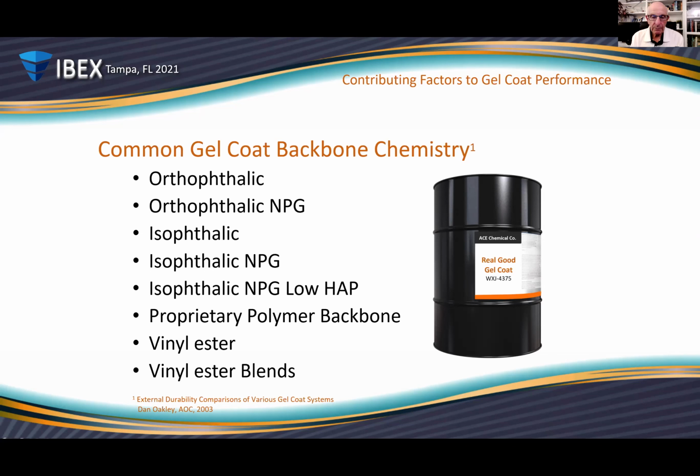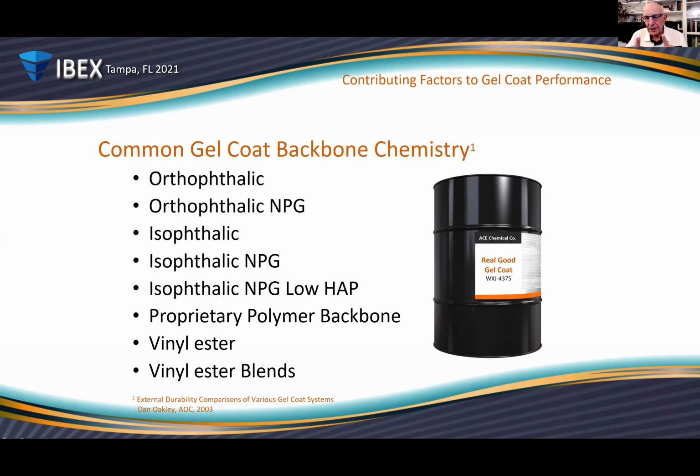A number of the gel coat companies have proprietary polymers that have been formulated specifically for gel coat. And then we have vinyl esters and some vinyl ester blends, vinyl ester resins that are blended with, say, isophthalic resin to make some gel coats. So there's all of these gel coat chemistries out there that are available.